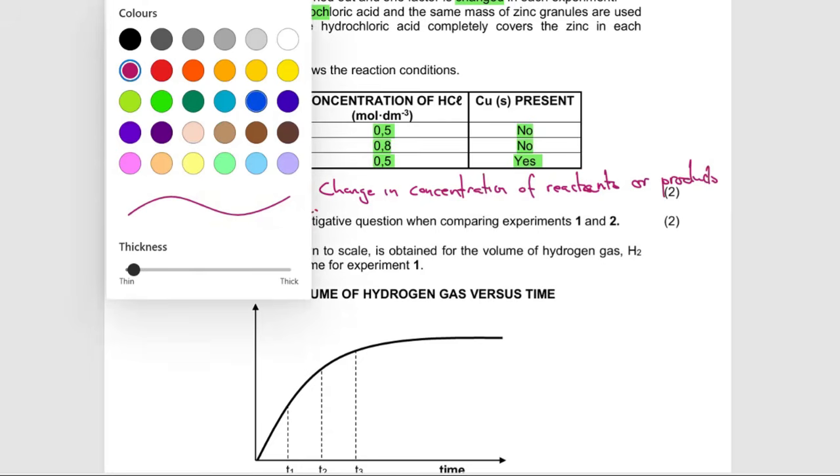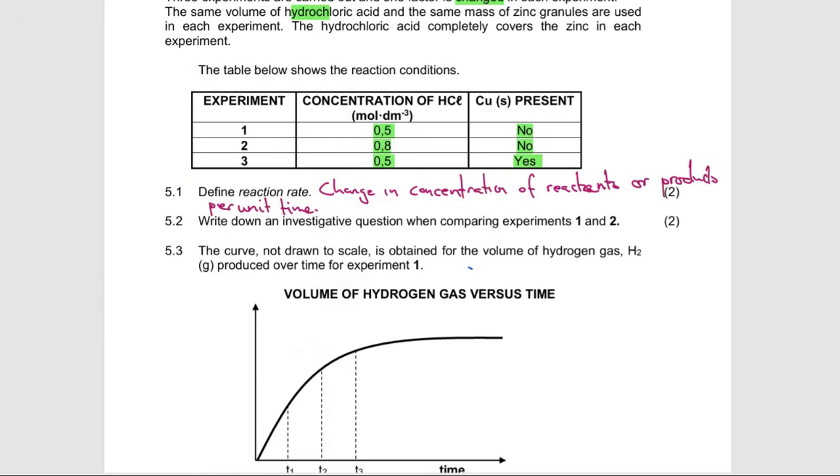terms. Now, moving on to the next question, it says here, write down an investigative question when comparing 1 and 2, right? So take note, you should identify the independent and the dependent variables.